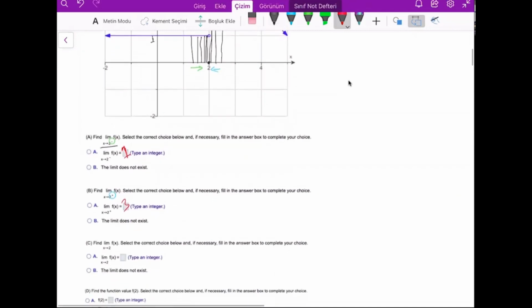For the limit, if the left side approximation and the right side approximation of the limit point are the same, we can conclude the limit exists. Otherwise, we say the limit does not exist.